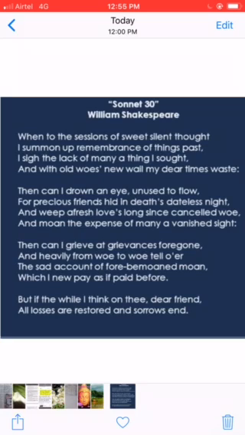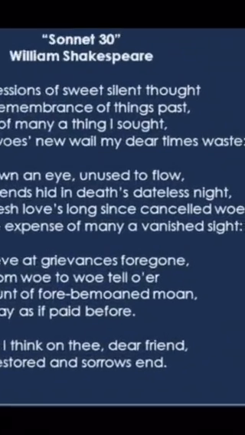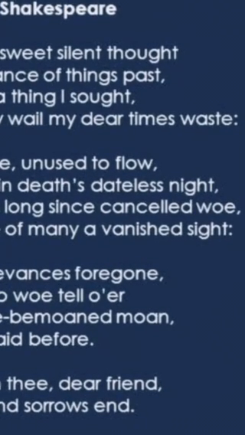So the rhyme scheme of the first quatrain is A B A B. Now the second quatrain: flow, so it has a variation from the first quatrain, so we'll name it C. Night is different from flow, so it is given D. Then flow, woe, again similar to the first line, so C. And sight, night and sight, so D. So the rhyme scheme of the second quatrain is C D C D.